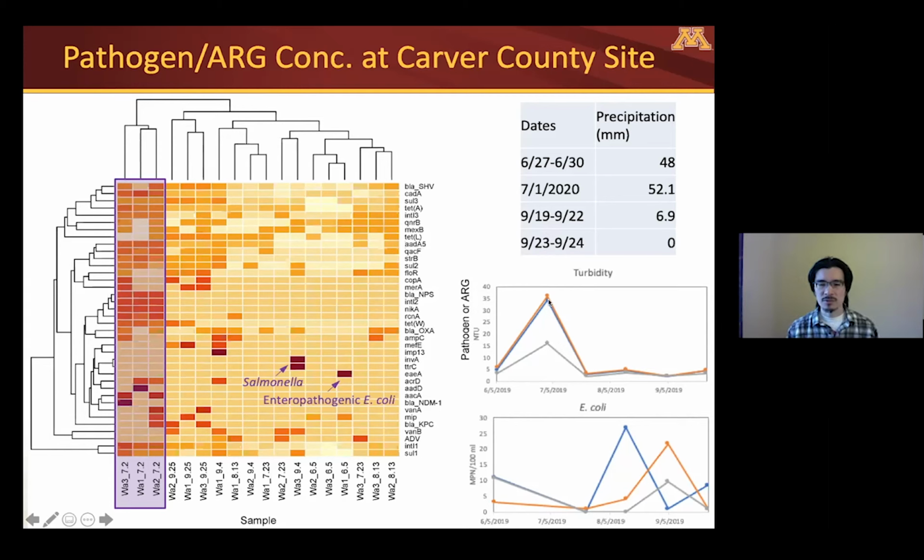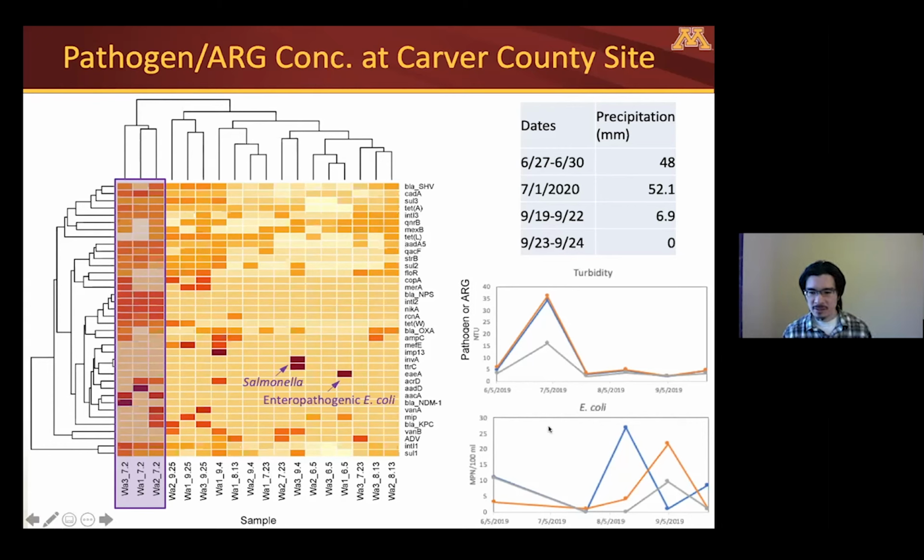And orange and blue, I think, were collected before treatment. And this is after treatment. So that means their treatment system can reduce turbidity to some extent.